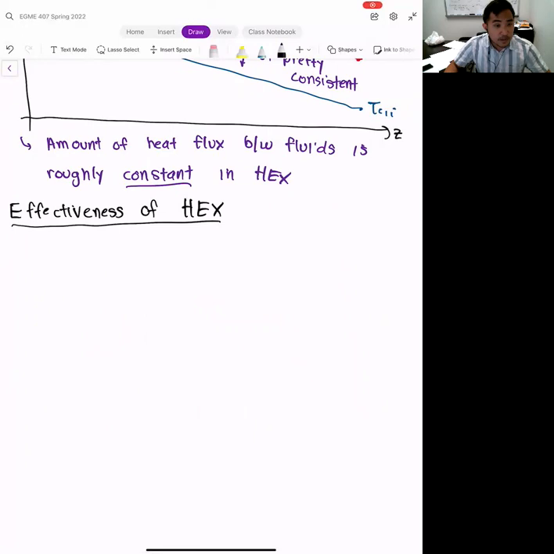Effectiveness is basically a way for us to quantify how well a heat exchanger is performing.